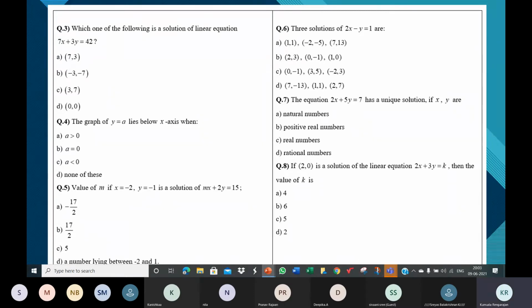Which of the following is a solution of the linear equation 7x plus 3y is equal to 42? Which is the correct option for question number 3?